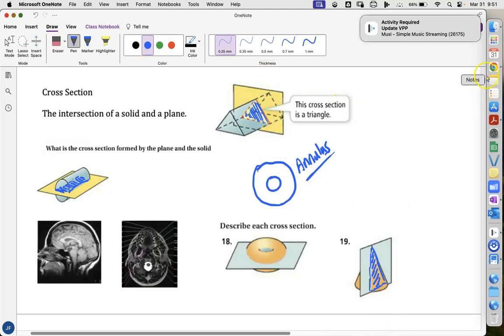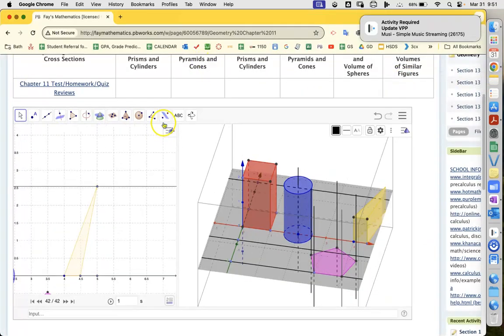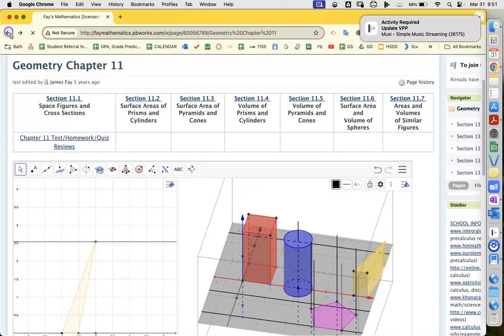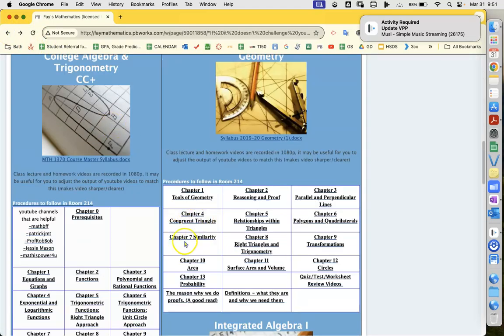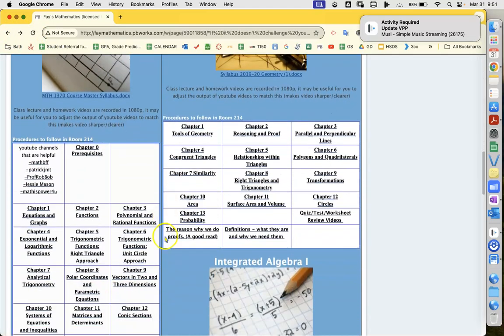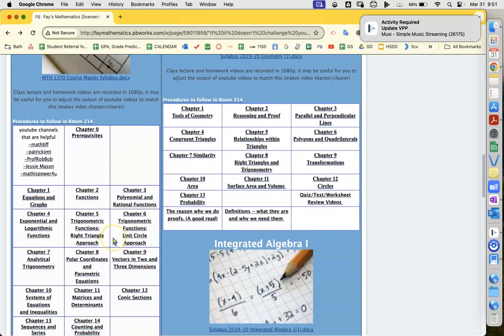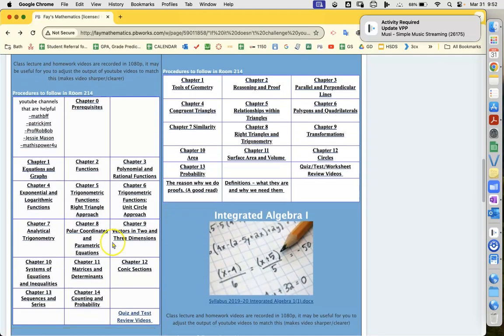A very common and useful topic in college algebra is something called conic sections.